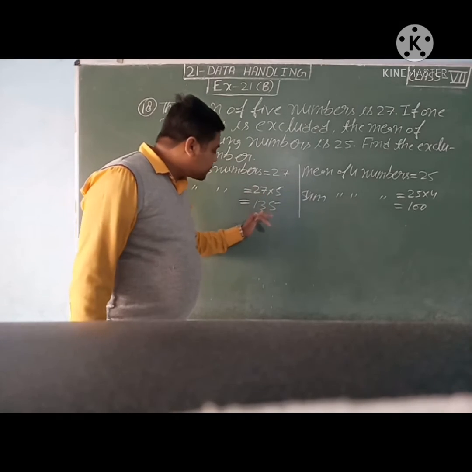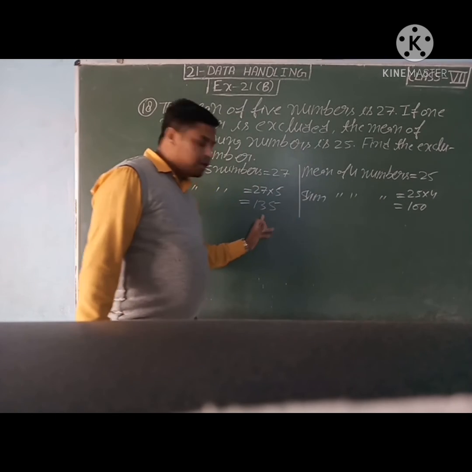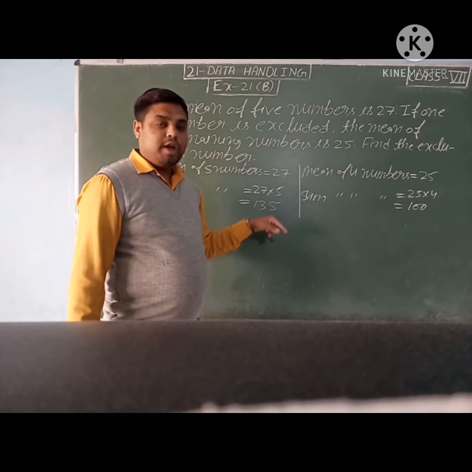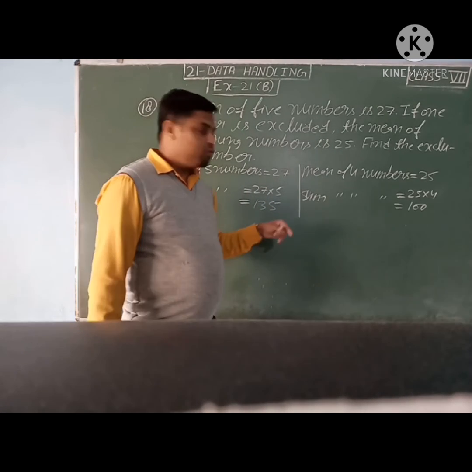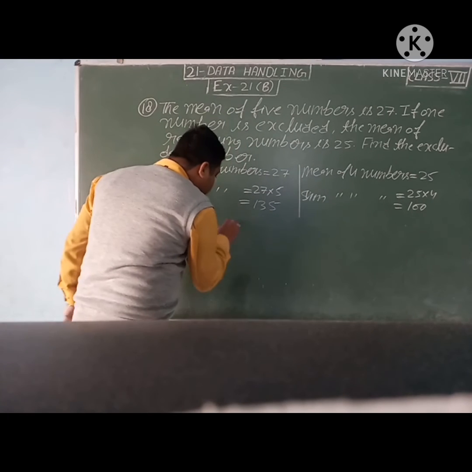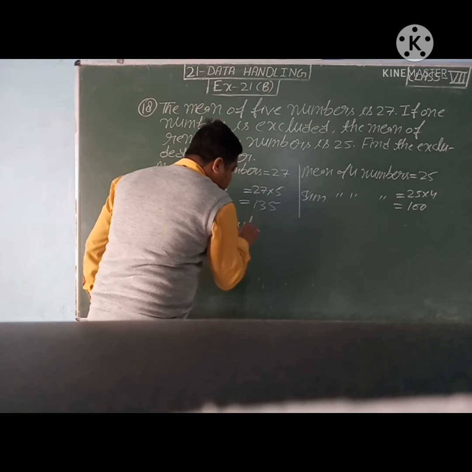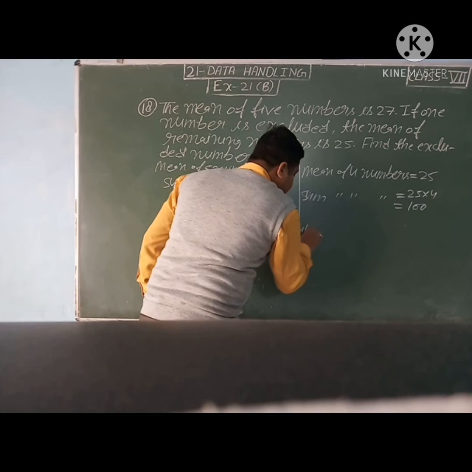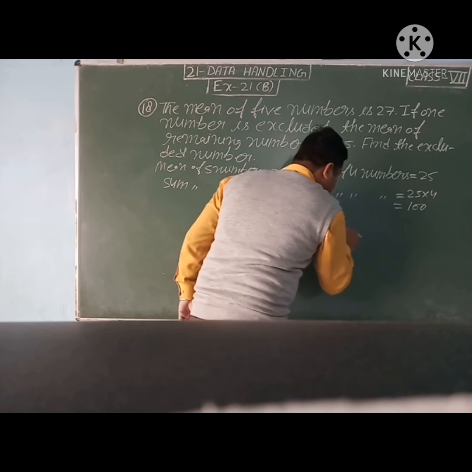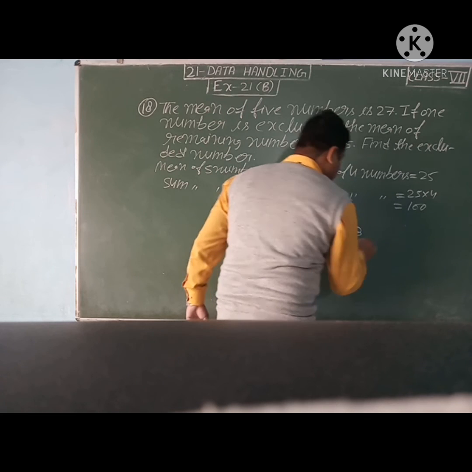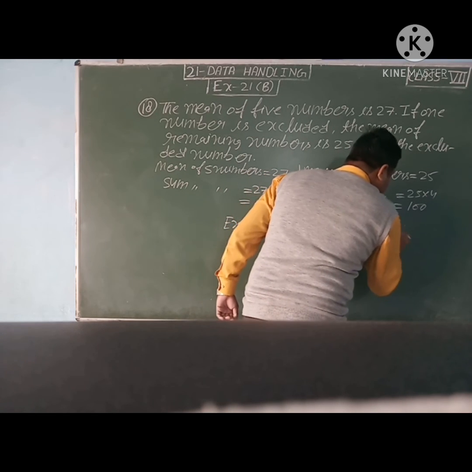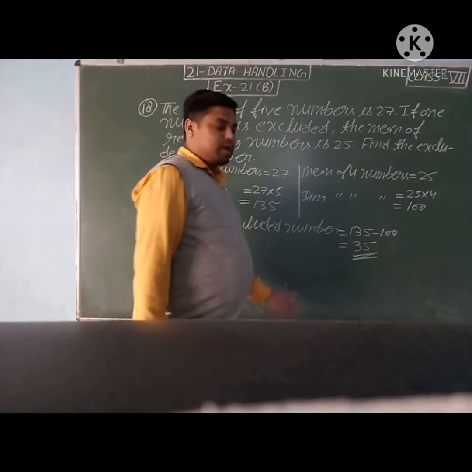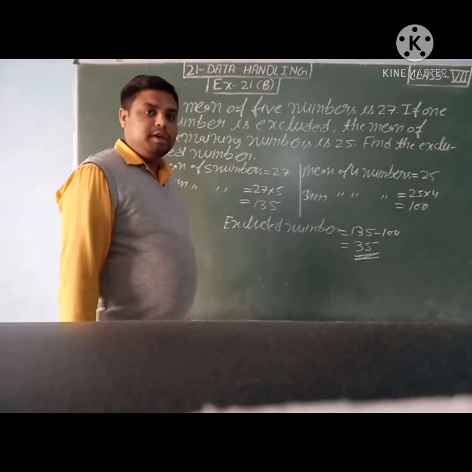So when we subtract this from this, what we will get? The fifth number that we have excluded. So excluded number is equal to 135 minus 100. It is coming 35. So excluded number is equal to 35.